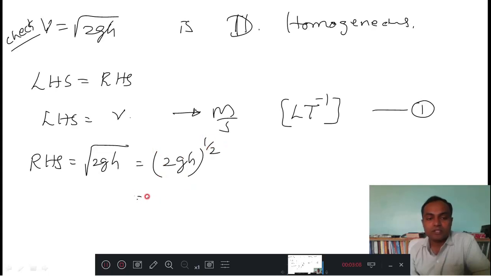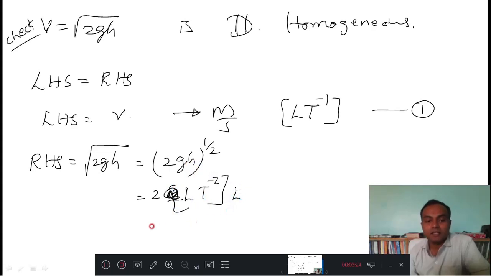Now 2 is dimensionless and G is acceleration, which you can write as L T raised to minus 2, right? Then H is a length, that is L, therefore you get L squared T raised to minus 2, to the power 1 by 2.